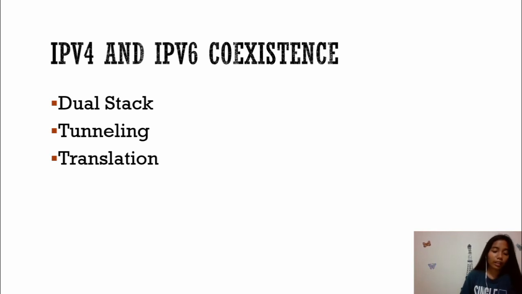For tunneling, the IPv6 packet is encapsulated inside the IPv4 packet. And for translation, we have network address translation, or NAT64, which allows IPv6-enabled devices to communicate with IPv4 devices.